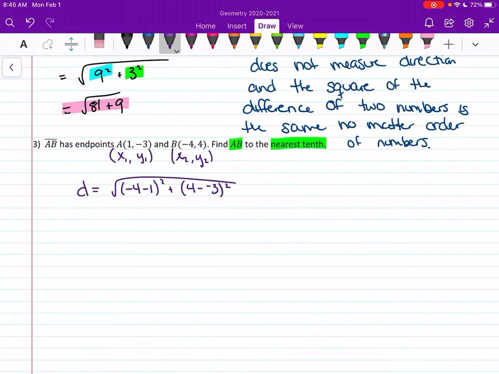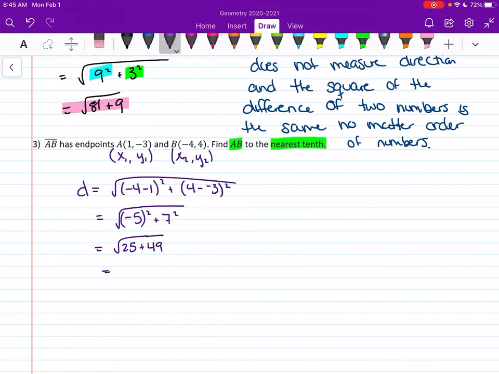So difference in the x's squared plus difference in the y's squared. All right, so then I get the square root of (-5) squared plus 7 squared. So now I have the square root of 25 plus 49.